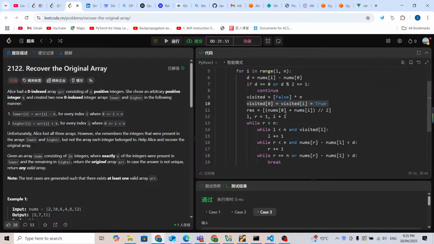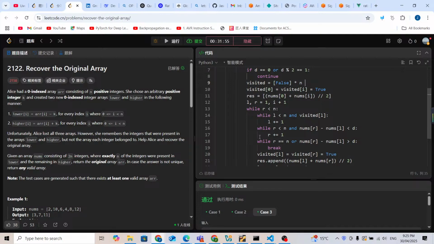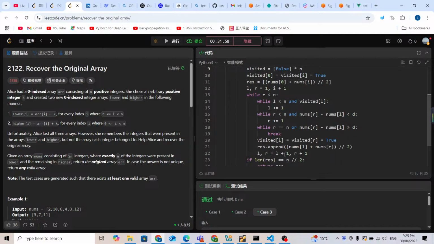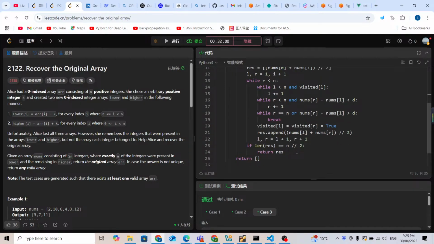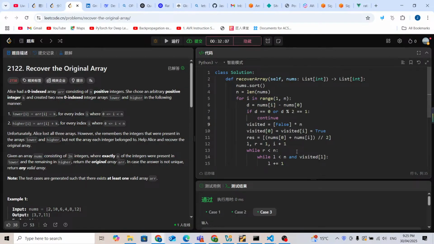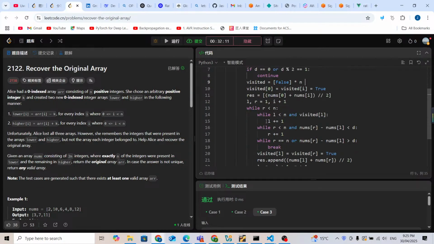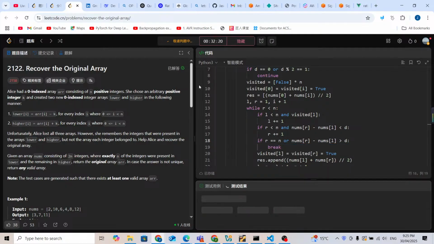I don't know. Let me check. What if I use the if check? It can pass for some testing cases, but not all of them.